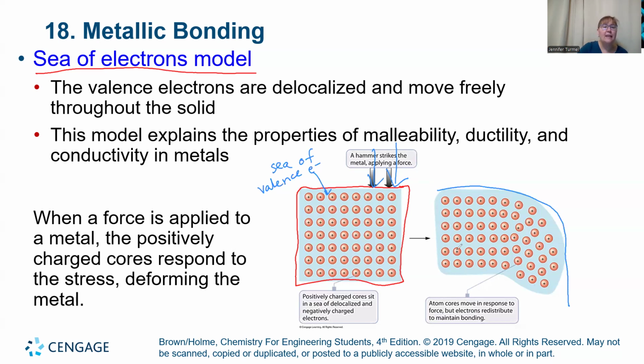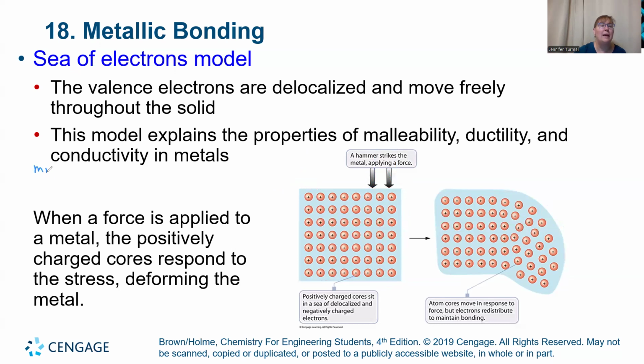Okay. So let's take a look at a little bit more in this. Actually, I see that I have a note here to add in. I said that this makes them malleable and ductile, so first of all, let's go ahead and define those. Malleable, I don't think I have this on my next slide.